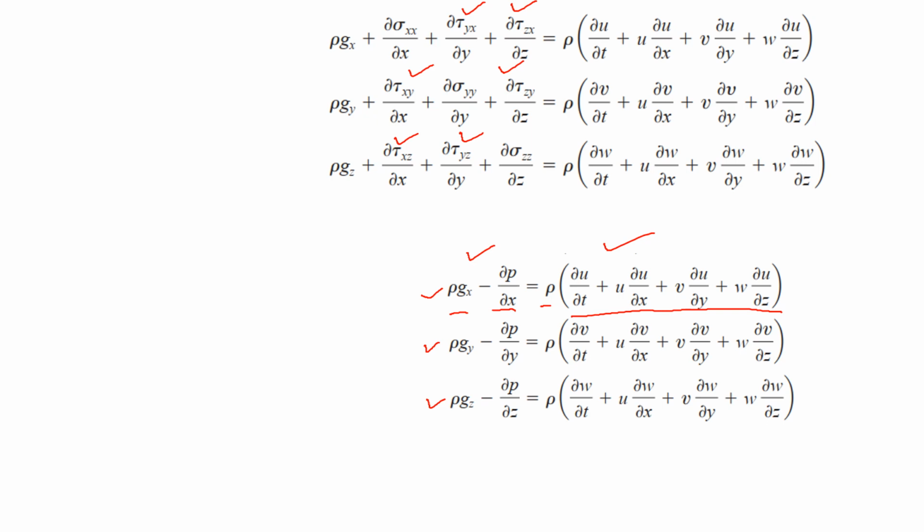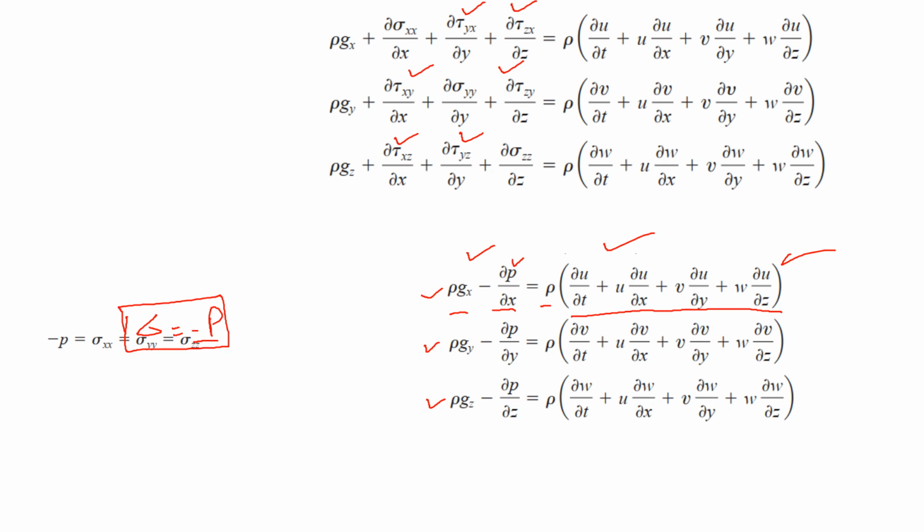And as you can see, the stresses are also being replaced by pressure. We already discussed that stress is equal to negative of P in the preceding lectures, and by substituting the stresses and putting them equal to minus P, we can write the equation like this.